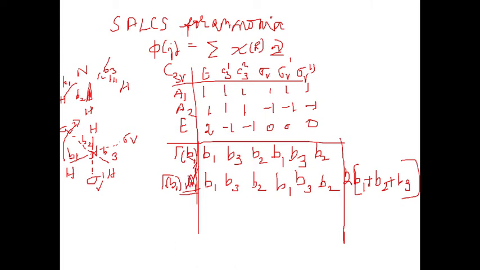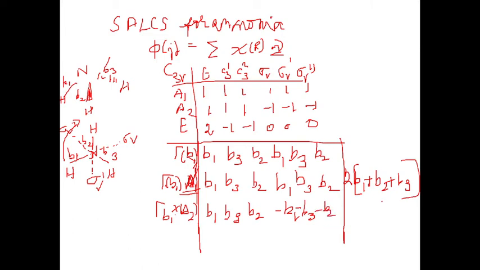The SALC for the orbital having A1 symmetry is given here. Next we have to go for A2. So now this B1 into the character of A2. Now it's going to be B1, B3, B2, then minus B1, minus B3 and minus B2.